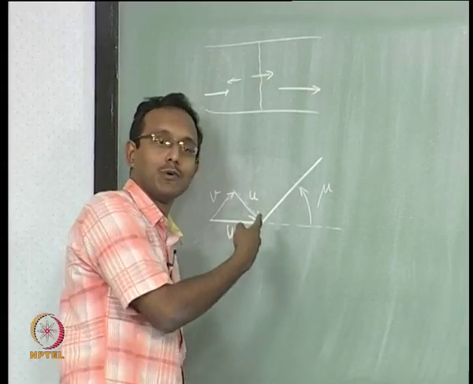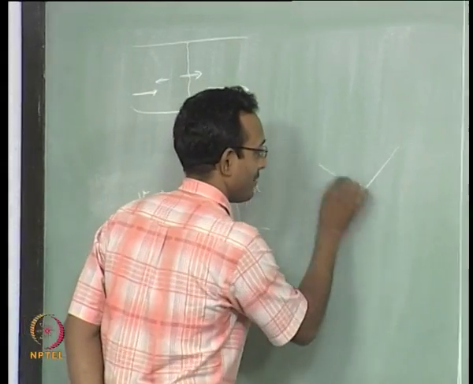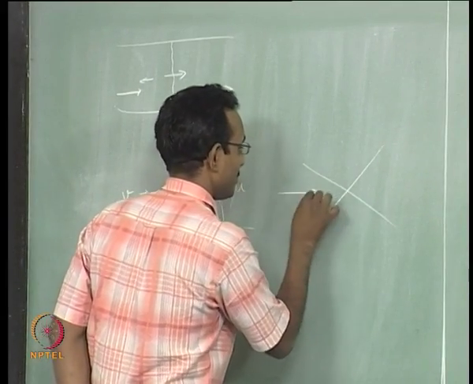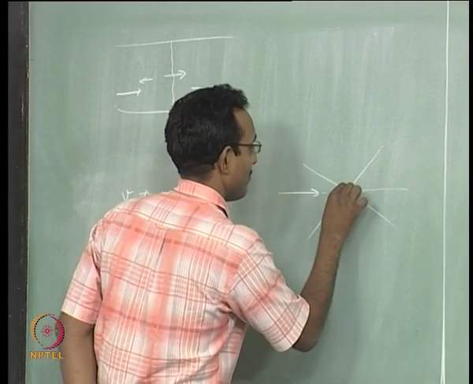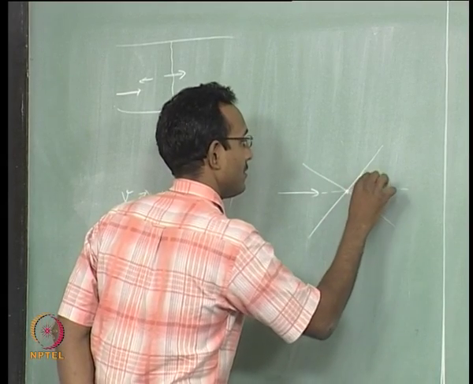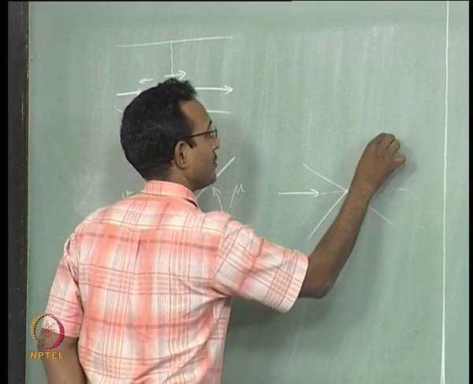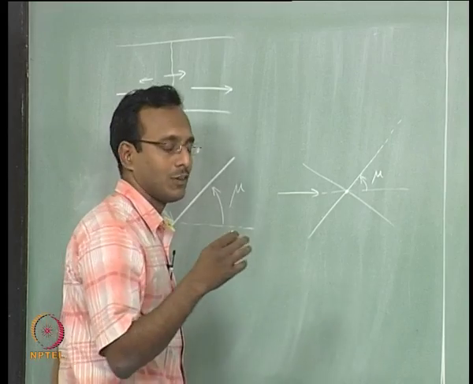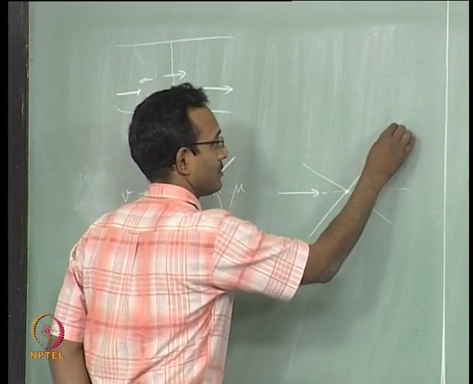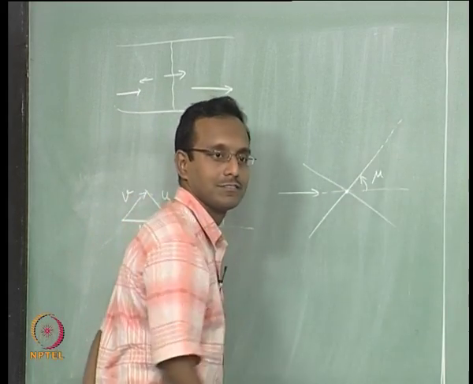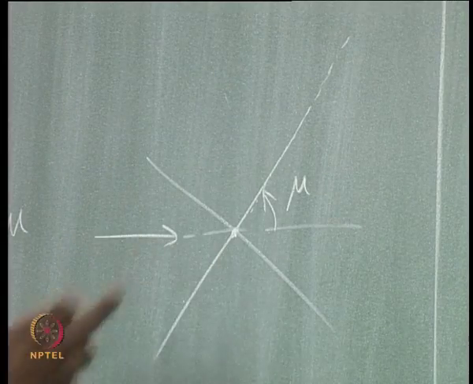Why? This is how you defined your Mach cone, right. We had flow velocity this way, and so I just extended that line for this point. This is the direction along which the sound waves will propagate at most, or anywhere inside this. It cannot go outside this. This is how we got to this mu.